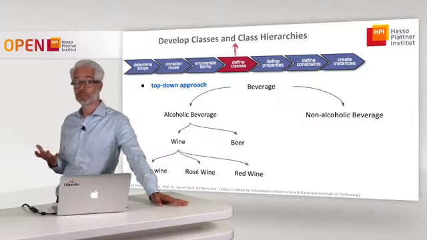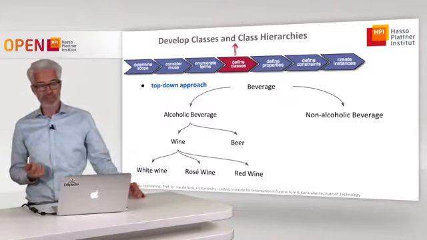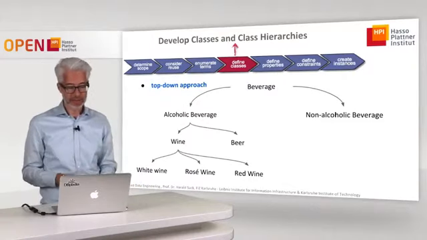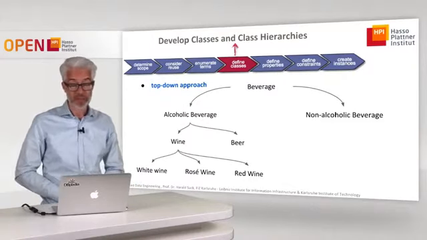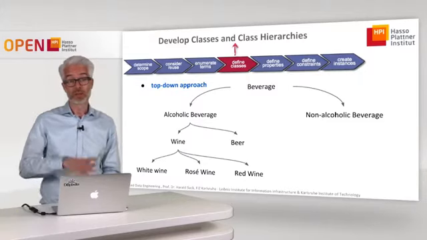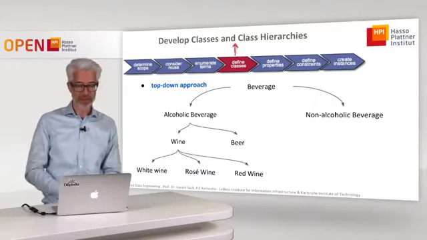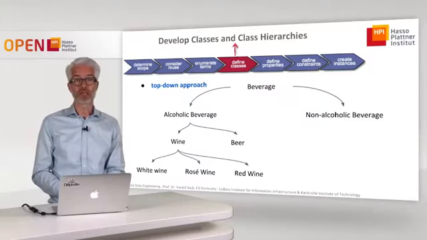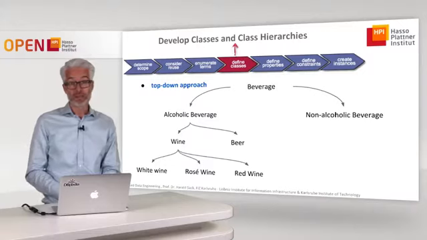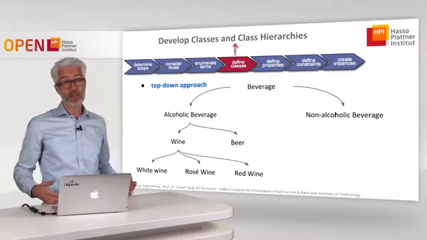So this could be a typical class hierarchy that has been created in a top-down method. And with this, you look at, for example, the color of the wine as the main decision property to model that. On the other hand, you could also do this in a bottom-up approach.